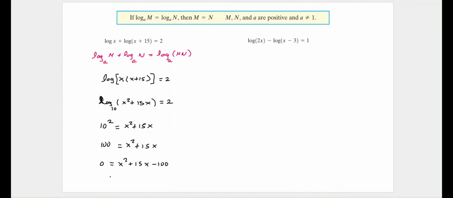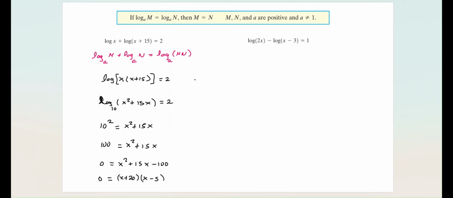Now we're going to factor, so we get 0 equals x plus 20 times x minus 5. Just double check your factorization. 20 times negative 5 is negative 100. 20 minus 5 is the positive 15 you see over here.